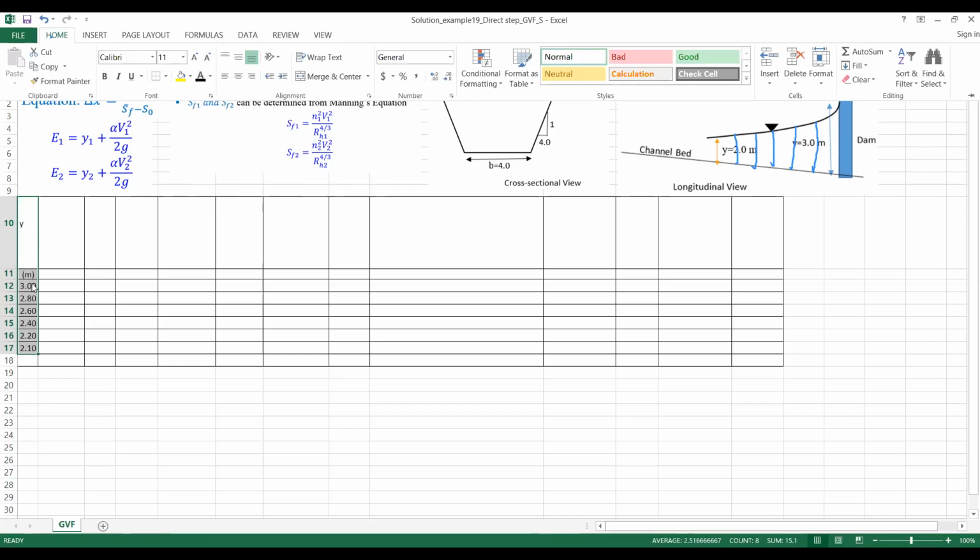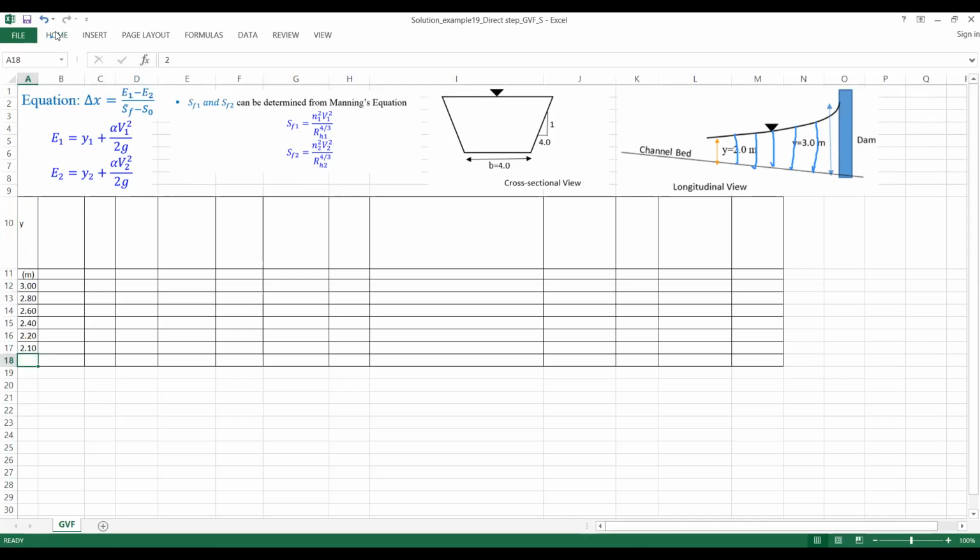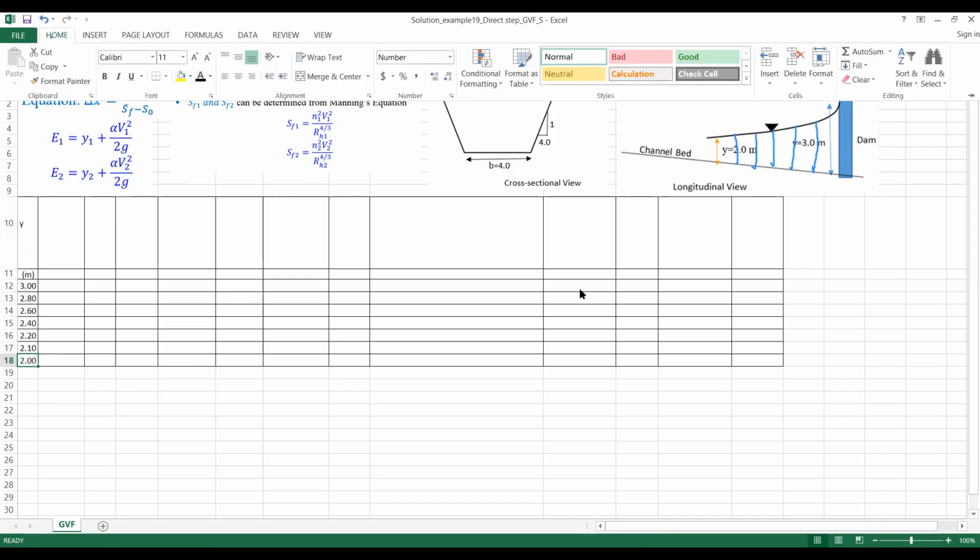You see the y: for the first one it was 3, the next one we can assume 2.8, 2.6, the next one 2.4, 2.2, 2.1, and finally the very last one is 2.